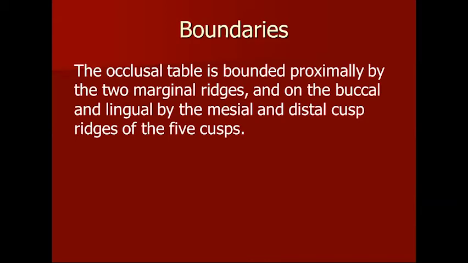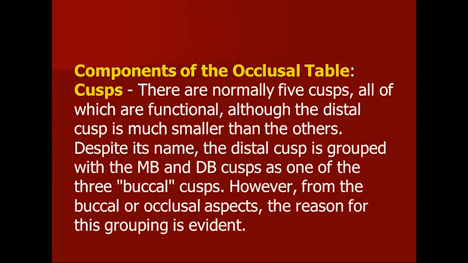Boundaries. The occlusal table is bounded proximally by the two marginal ridges and on the buccal and lingual by the mesial and distal cusp ridges of the five cusps. Components of the occlusal table. Number one is the cusps.